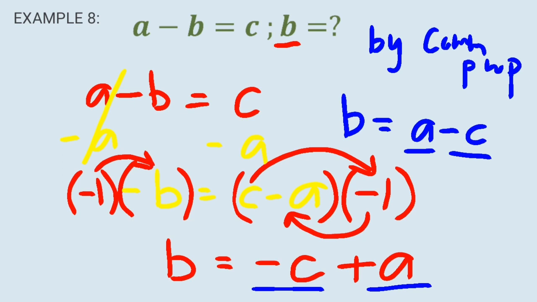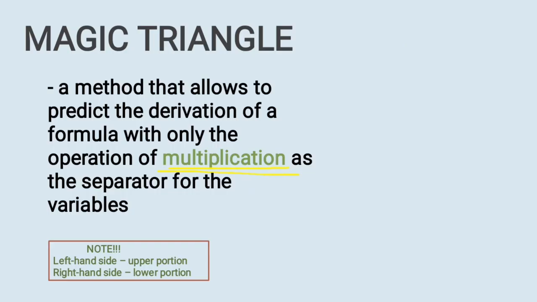Take note that by definition, magic triangle can only be used with the operation of what? Multiplication. So, on that example, a minus b is equals to c, we are not allowed to use the magic triangle since we have an operator here as subtraction. And magic triangle can only be used if the operation used is multiplication.